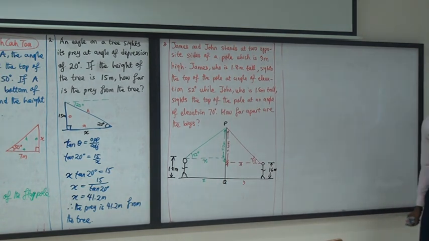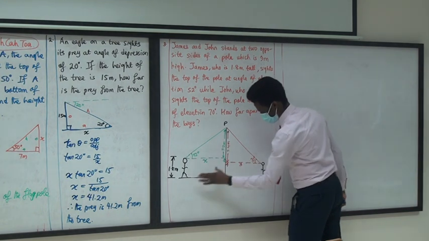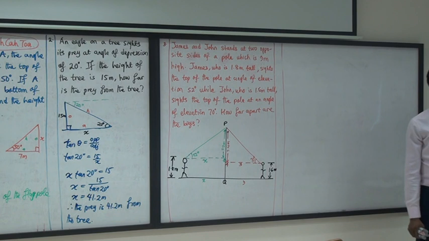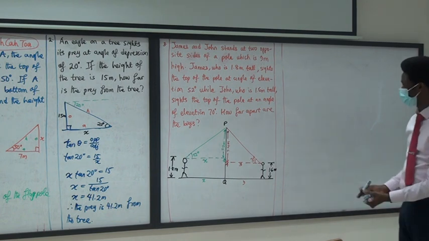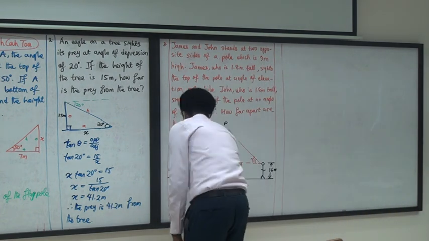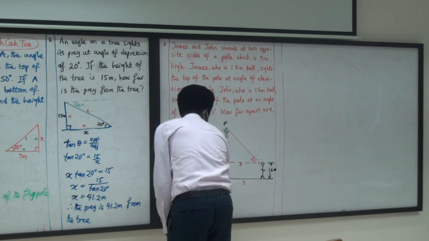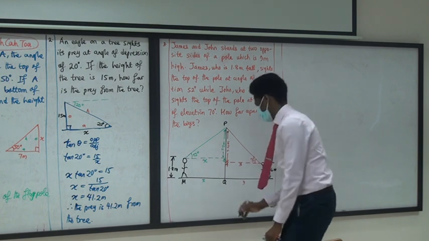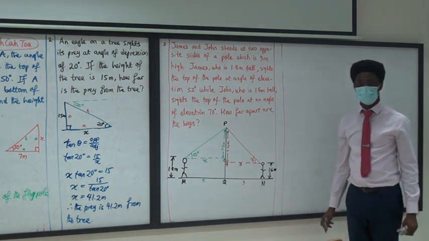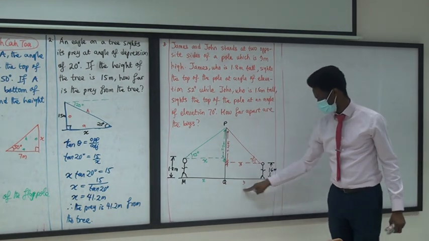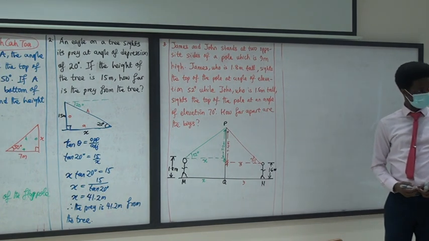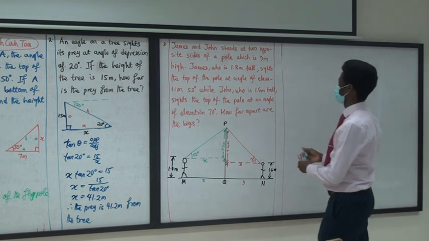If this is X, this will be X. If this is Y, then this is the Y. Okay? So maybe I call the position of James and John, let's say MN. So to get MN, MN is going to be MQ plus that. Okay? So the first one.